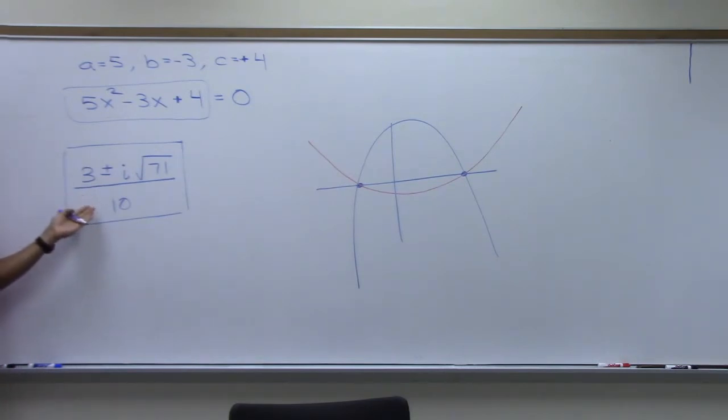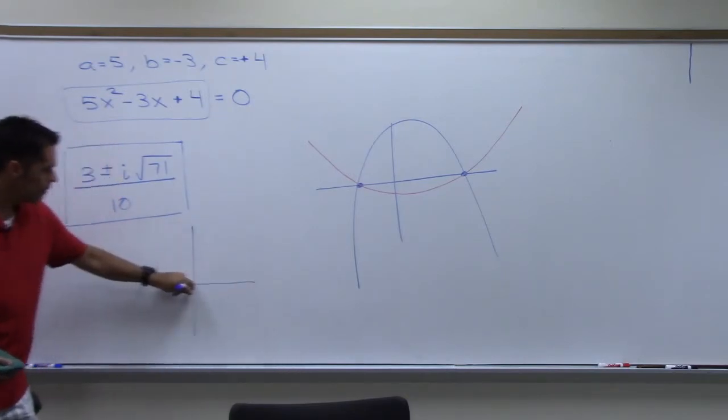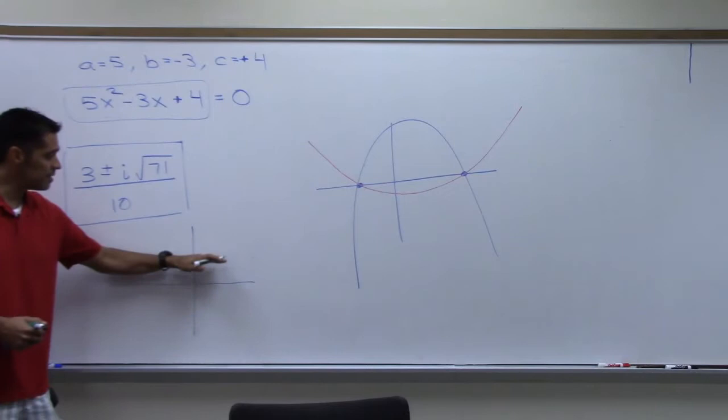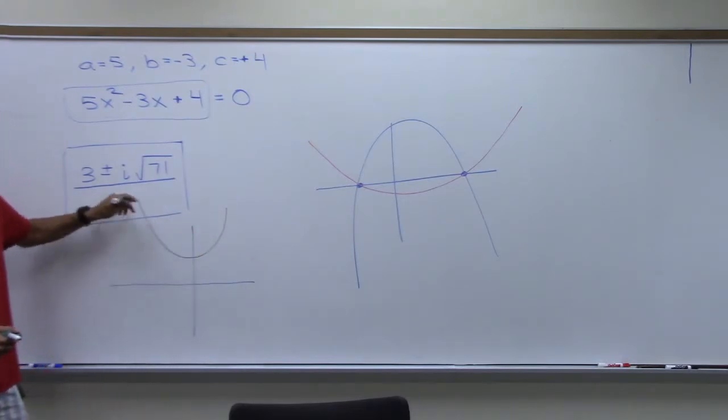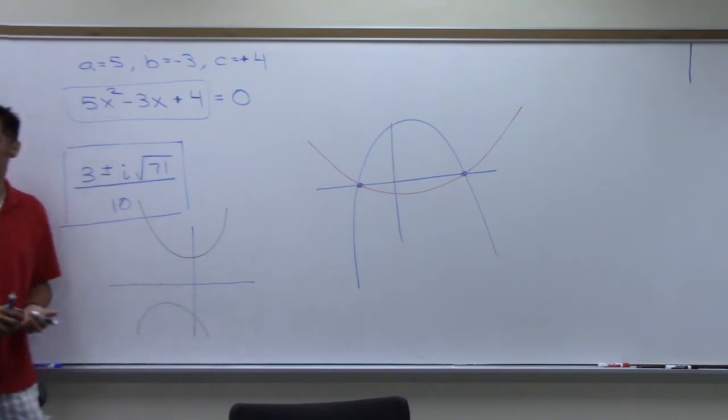Well, this is what they are. And they are imaginary, which means you don't have them. They're invisible kind of, right? So can you think of a parabola that wouldn't hit the x-axis? One that's above the x-axis and goes up, or one that's below the x-axis and goes down.